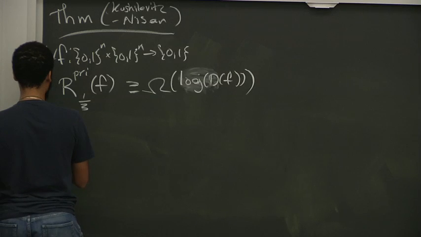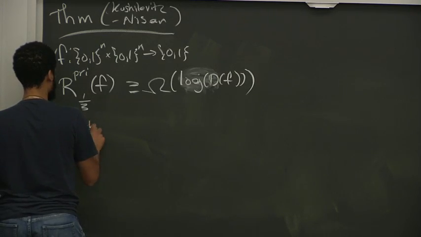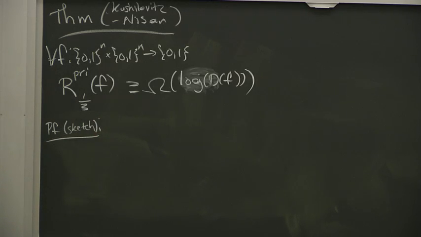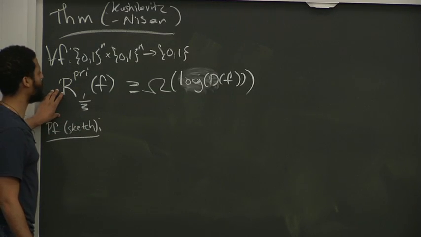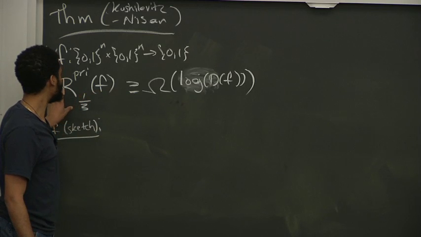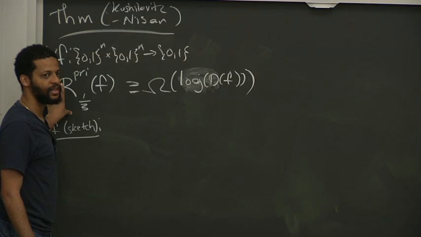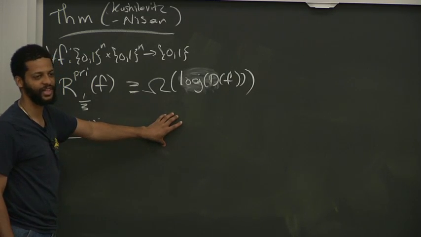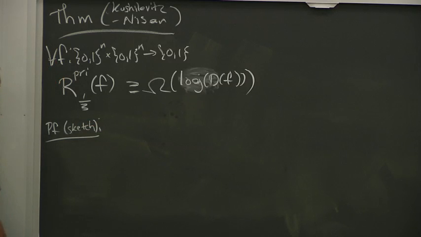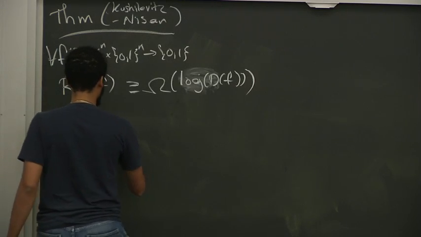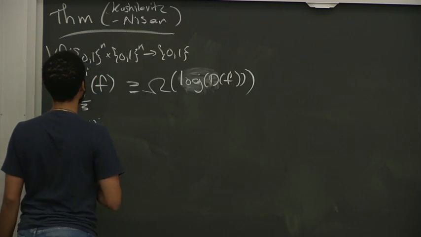I don't want to spend much time on this proof, but I'll give you a proof sketch. It's a very simple idea. Basically, what I want to show here is that if there's an S-bit randomized protocol, then I'll show you that there's a 2 to the S-bit, roughly, deterministic protocol. Okay. Right. So how do I want to do this?